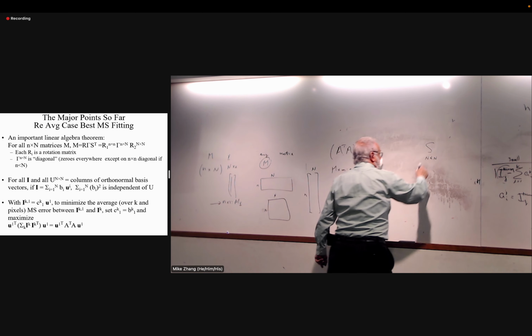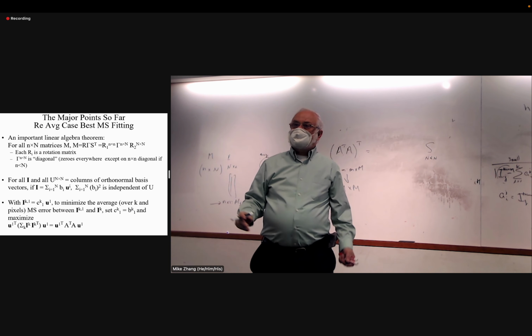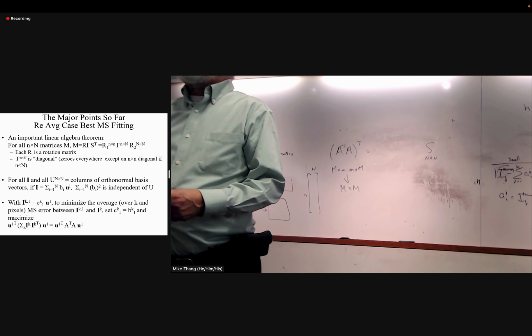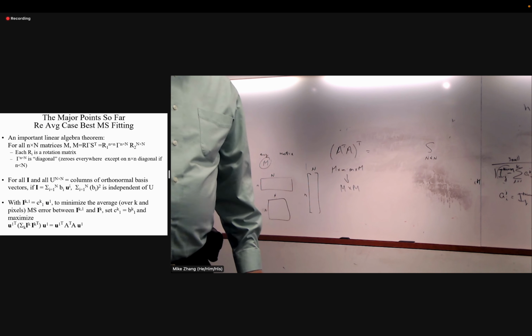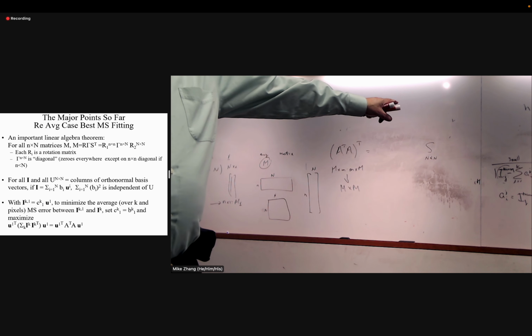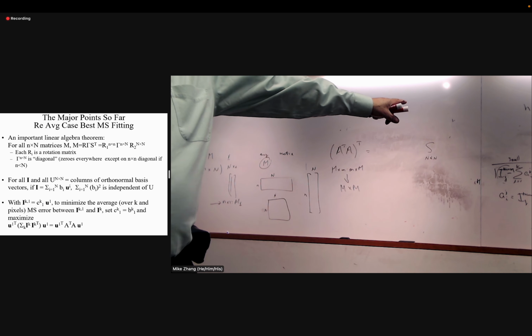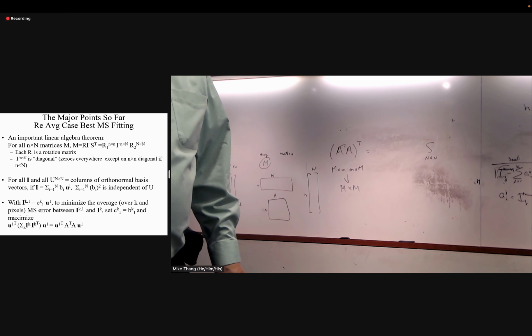So this is a matrix that produces a rotation of the coordinates. And it does so on capital N vectors, on the input vectors.